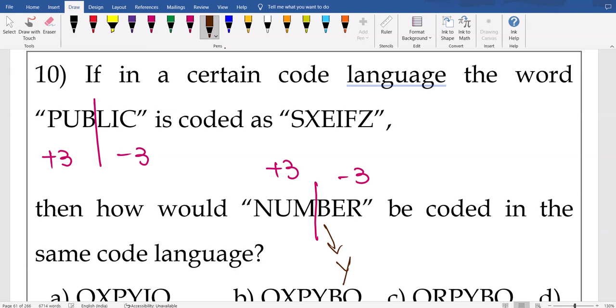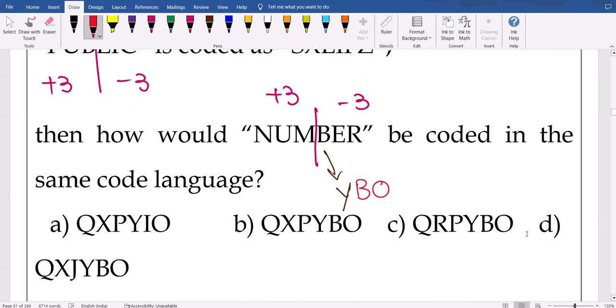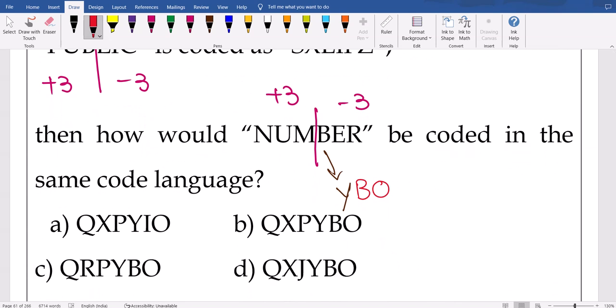For E, B should be there. For R, 18 minus 3, O should be there. You can check Y, B, O in the majority of the options because of minus 3 for the last letters.